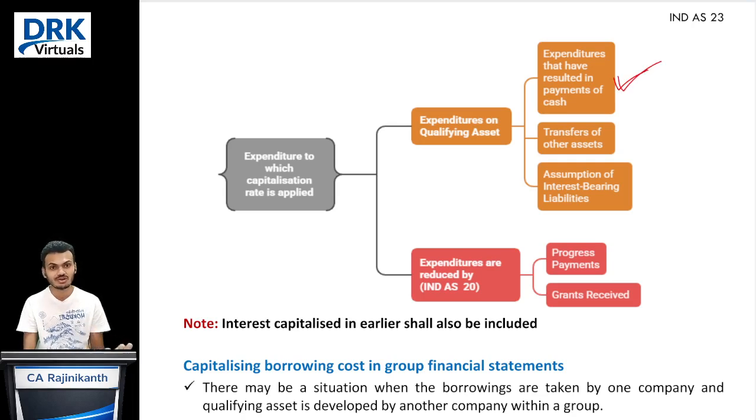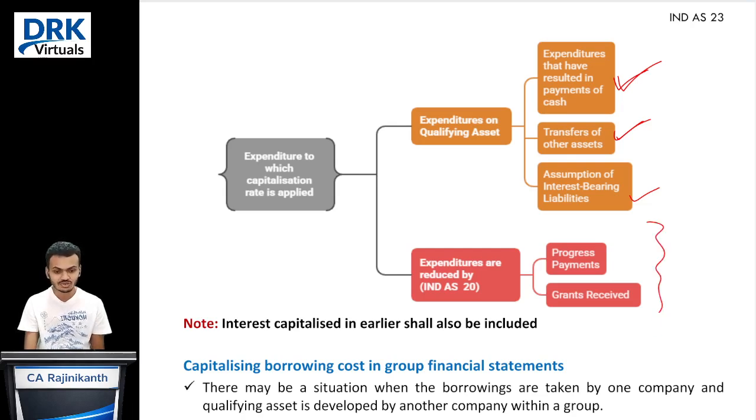It is not on accrual basis, right? And transfer of other assets. If we transfer any asset, like we are holding cement bags for construction of that qualifying asset, we are using those cement bags, include that cost. And assumption of interest bearing liabilities. If we are assuming any liability in connection with the construction of our qualifying asset, that can also be included.